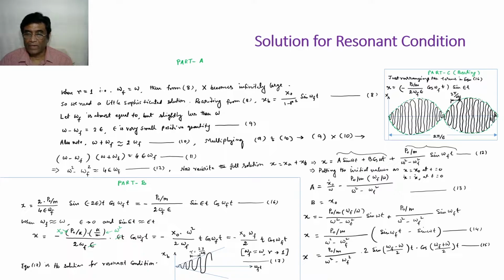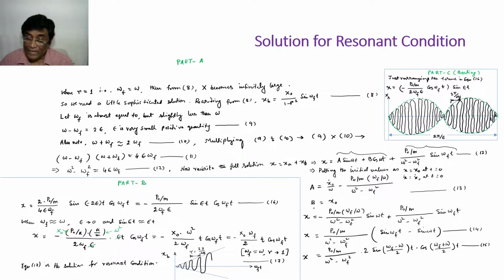Okay, so a equals, we have reduced it, you can see, x0 dot divided by omega minus this term, at t equal to 0 if I assume this. So a will be figured out with this and b, the two constants, you can figure out by putting this solution here. That we did earlier.